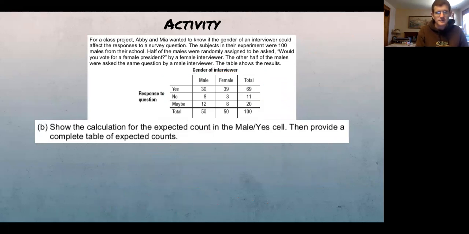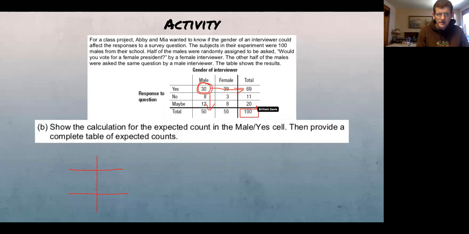All right, so we are dealing with a two-way table, and so you have to do a different calculation to figure out expected counts. If I want to know how many males would be expected to answer yes with a male interviewer, then I need to take the row total, which is 69, multiplied by the column total, and then divided by the table total.